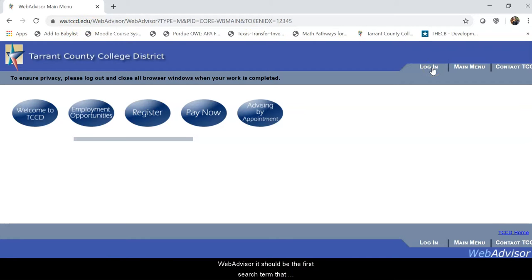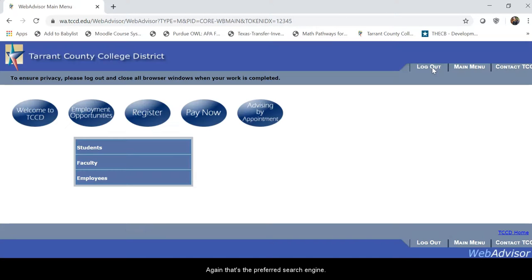Or if you just Google Web Advisor, it should be the first search term that populates if you're using Google Chrome. Again, that's kind of the preferred search engine. That's where most of our updates are pushed through. Safari and Firefox seem to work okay. Internet Explorer, not so much. So just bear that in mind as you're trying to navigate through the system.